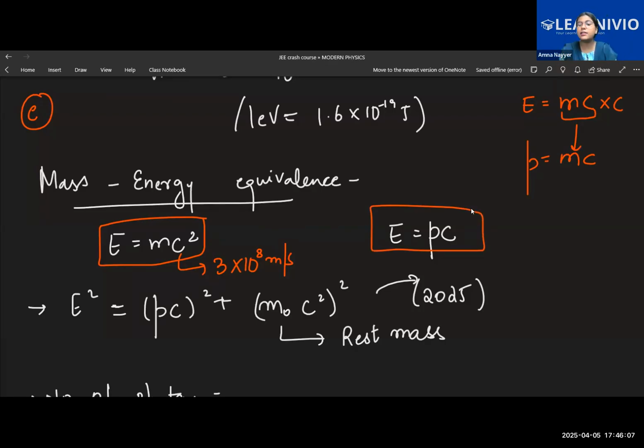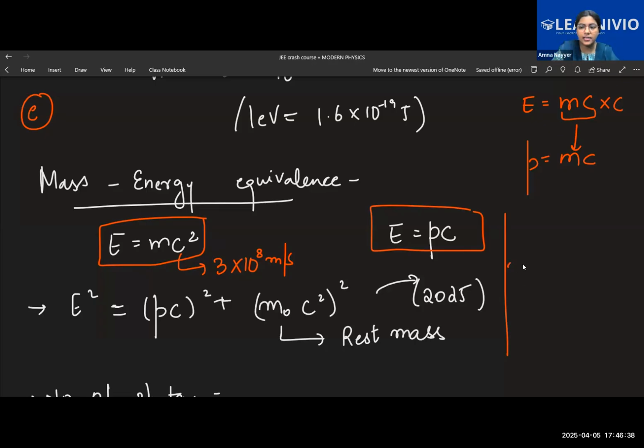If the rest mass of electron is considered, see, in your electrostatics, I don't know whether you've discussed the properties or not, when you differentiate between a charge and a mass, the first difference is of course that mass is only positive or zero, and charges can be positive, negative, and zero. It means charges have one extra property of being negative. One more thing is that charges do not depend on speed, but masses do depend on speed.